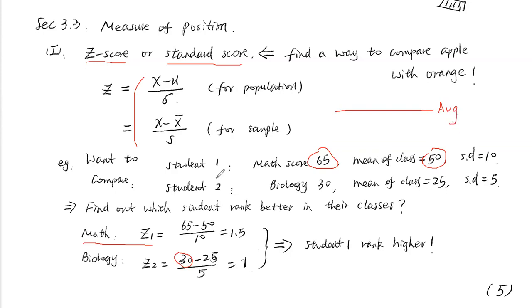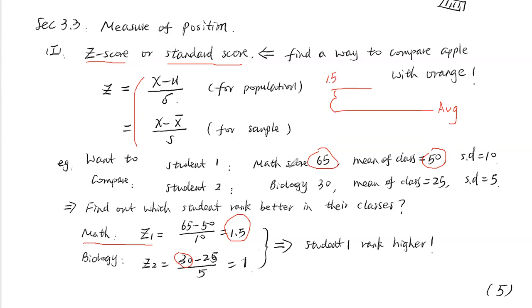Even though those two people are in different environments, we can still have this idea. For the math person, the Z-score is 1.5. You can understand this 1.5 as 1.5 standard deviations above the average. So here is 1 standard deviation and another half. The math person is somewhere here, 1.5 standard deviations above.